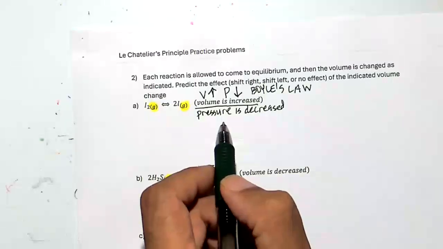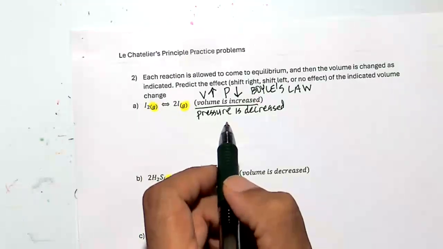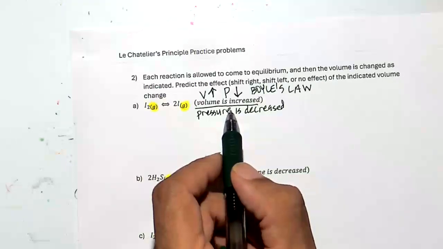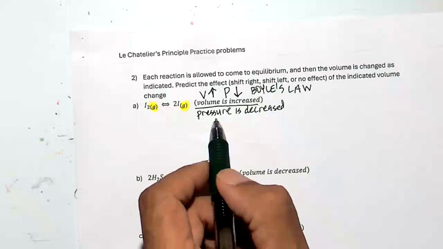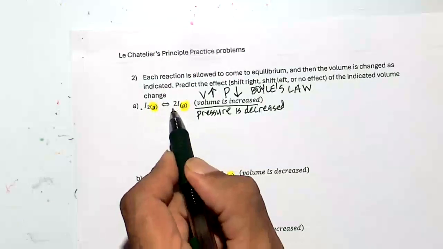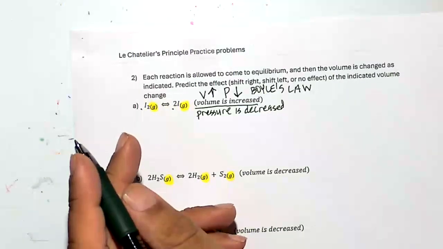You've decreased the pressure because you've increased the volume, right? So which way will it go? It will go to the side that has increased pressure. So which side has increased pressure? The one that has 1 mole or the one that has 2 moles?